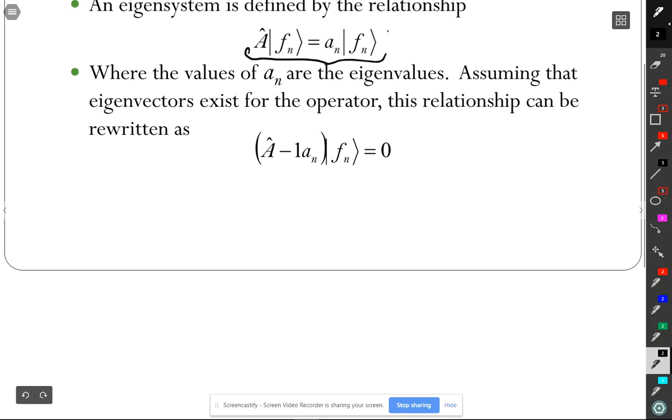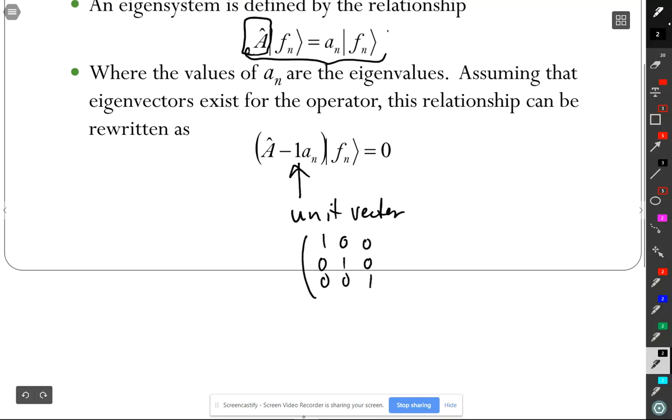We said that using the vector idea, what is the operator in a vector idea? Operators are matrices. But this a_n is a number. And so this here is supposed to be a unit matrix, I mean, not vector: 1, 0, 0, 0, 1, 0.